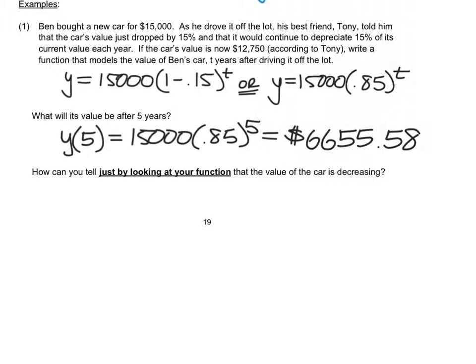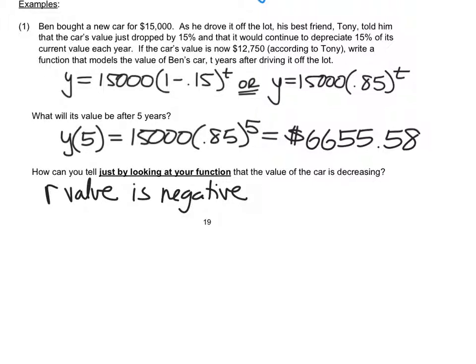So the follow-up question here, how can you tell just by looking at your function if the value of the car is decreasing? It's very simple. The r value, right, r value is negative.